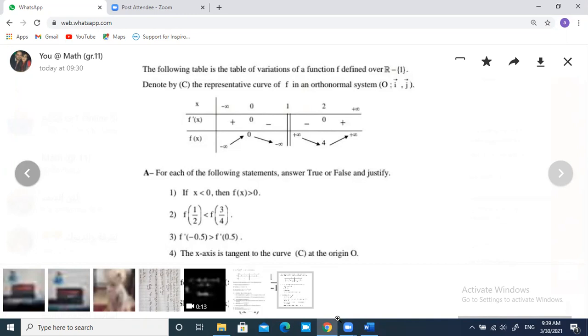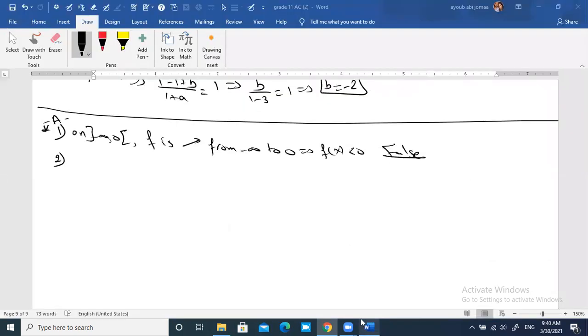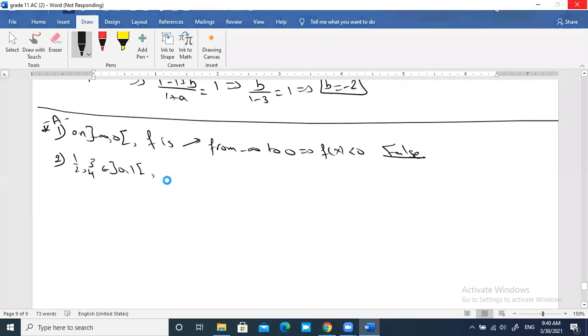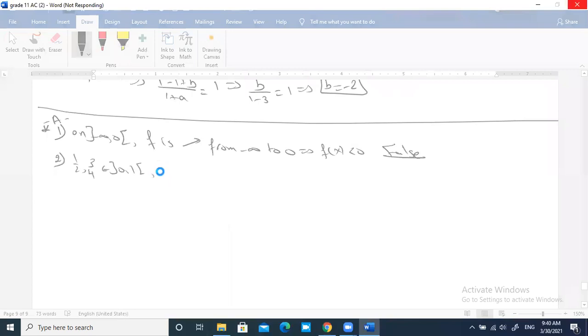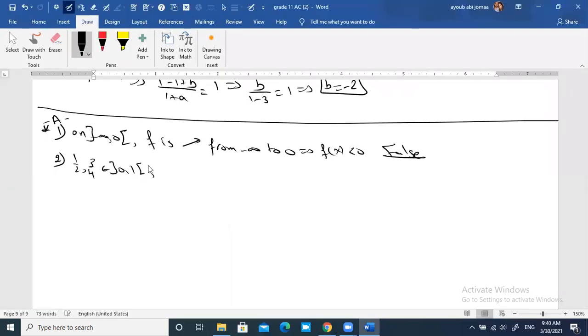Here in this interval the function is decreasing. If the function is decreasing, then f of 1 over 2 will be greater than f of 3 over 4. So you write: 1 over 2 and 3 over 4 belong to the interval 0, 1, but f is decreasing on 0, 1.